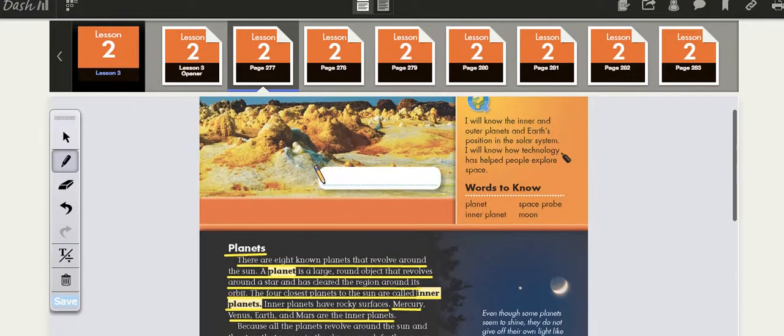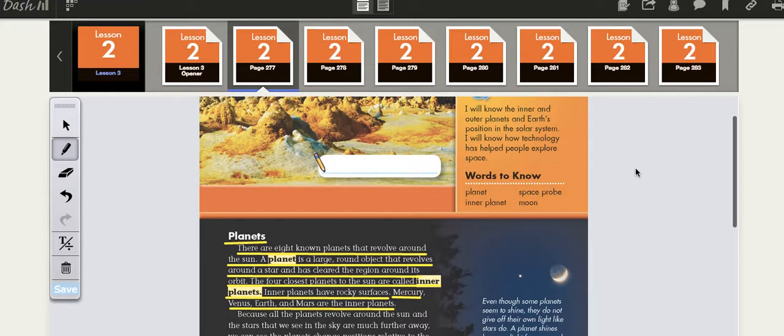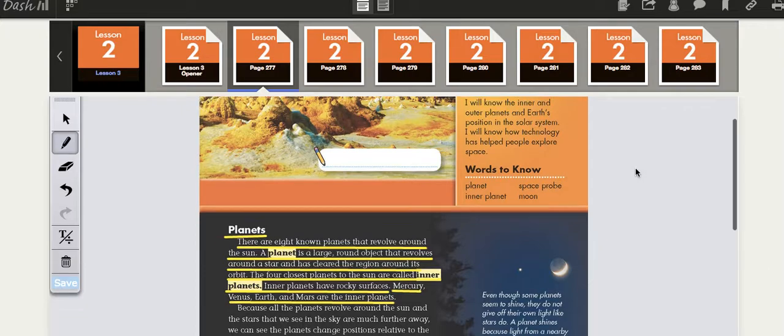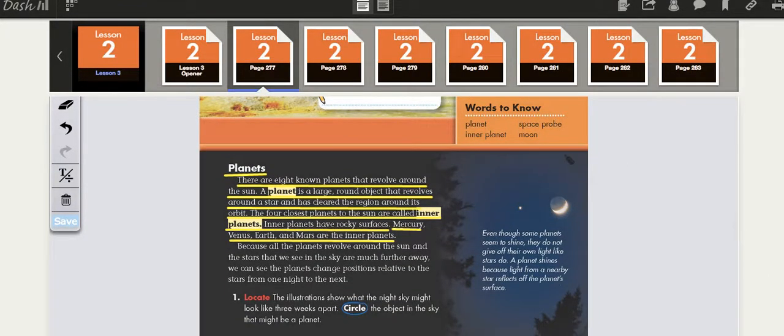We are going to talk in details about the Earth's position in the solar system and how technology has helped people explore more about space. The important words to be covered in this lesson are planet, inner planet, space probe, and moon. I'm sure that you know at least 2 of them.